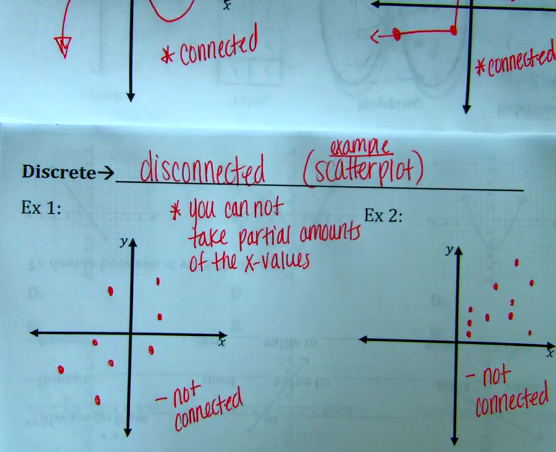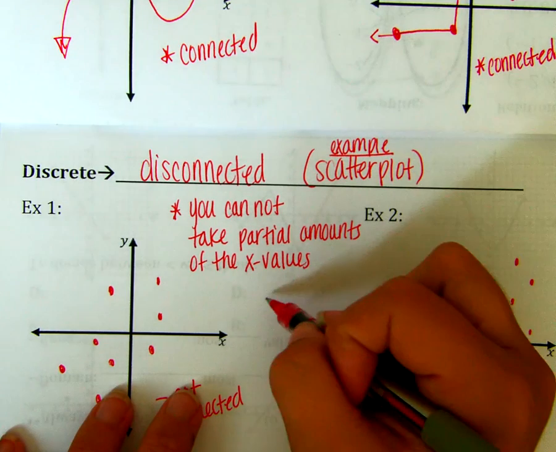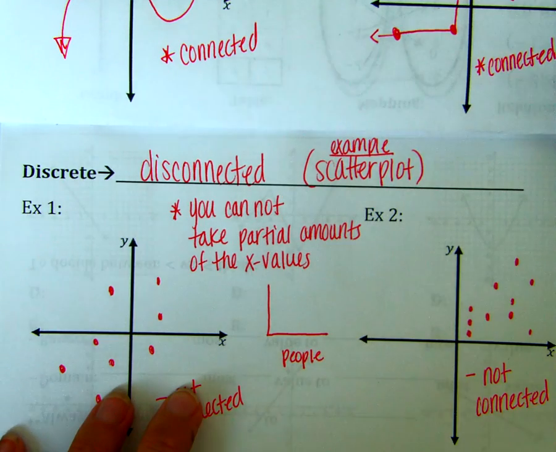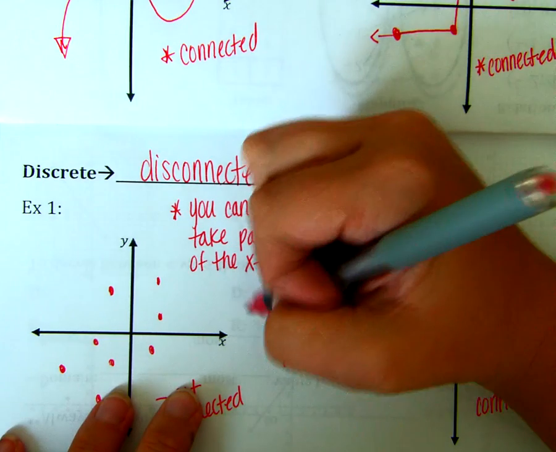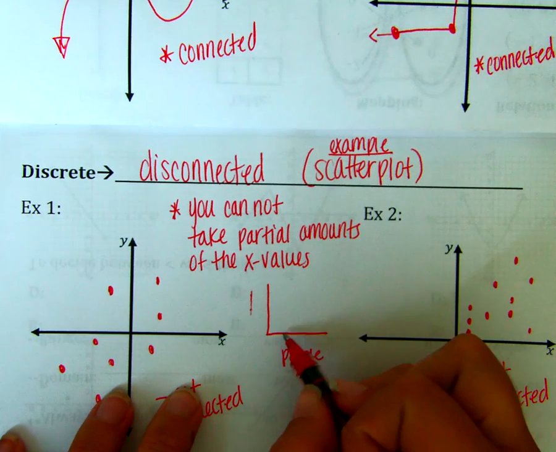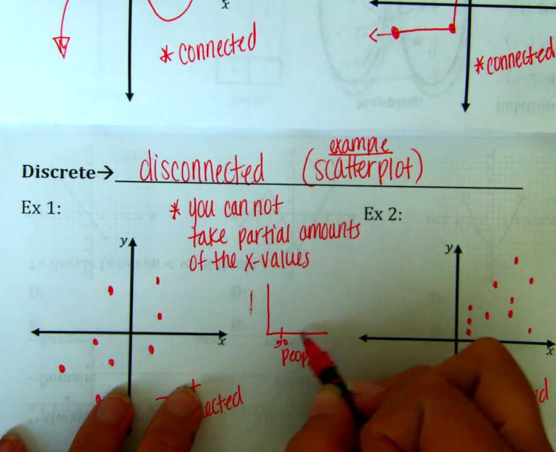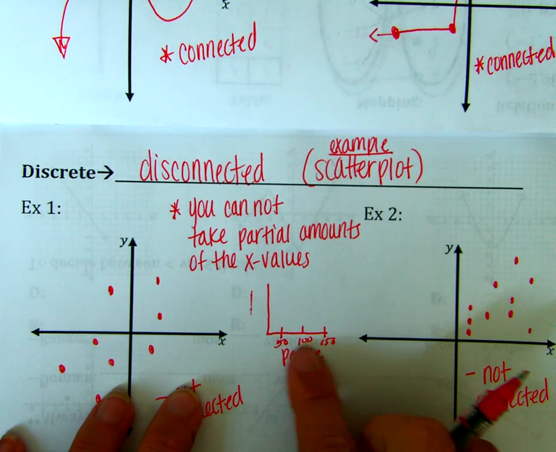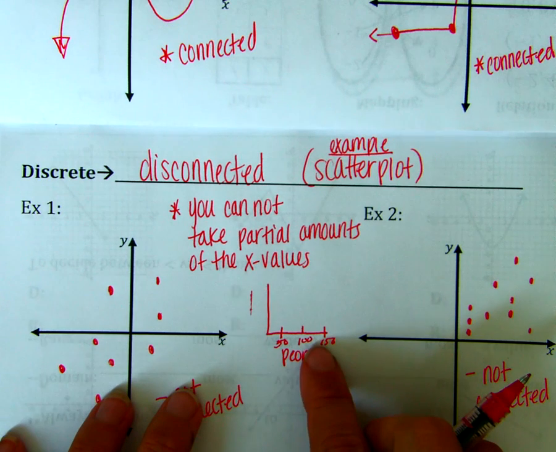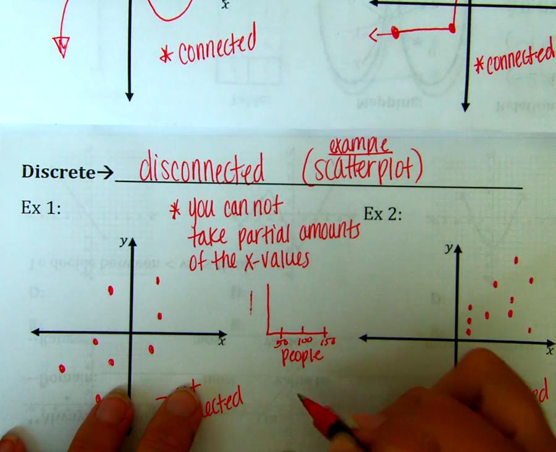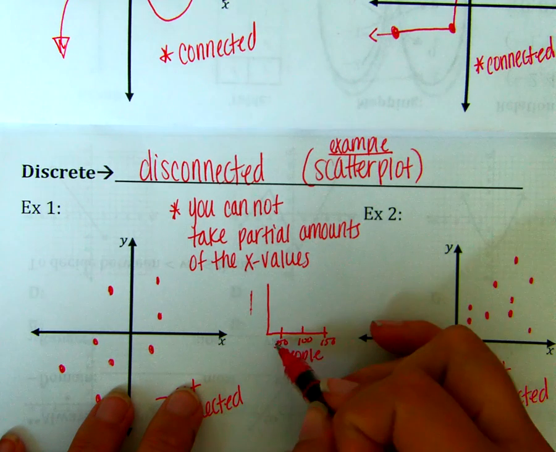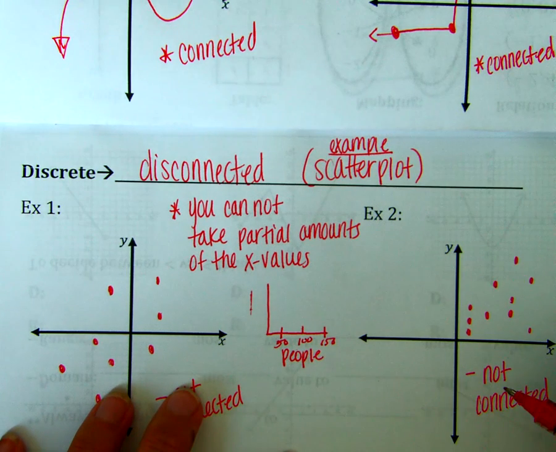What I mean by that is, if you have a graph and you're talking about people down here and whatever your dependent variable is over here, if we have 50 people, 100 people, 150 people, can you take partial amounts of these people? Can I say I have 48.5 people? Well, no. You cannot have 48.5 people. So this would be a discrete graph. You cannot take partial amounts of your x values.